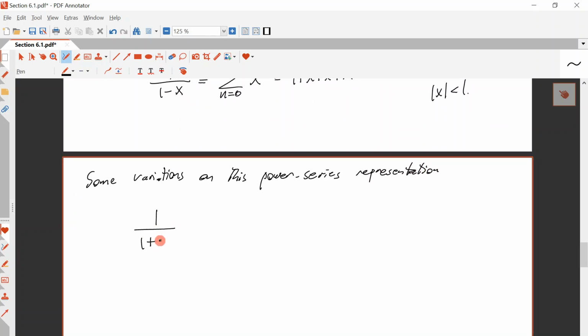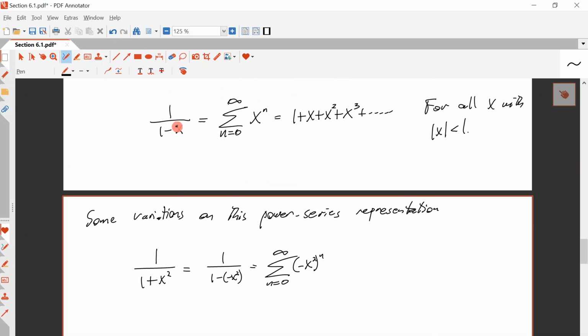1 over 1 plus x squared. Well, this is 1 over 1 minus minus x squared. So this is the sum, n equals 0 to infinity, minus x squared to the n. Right? 1 over 1 minus x is the sum x to the n.